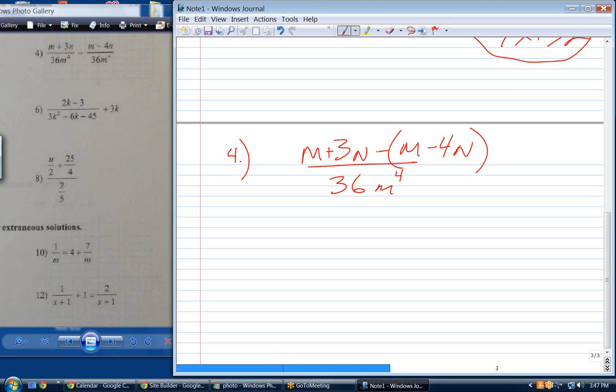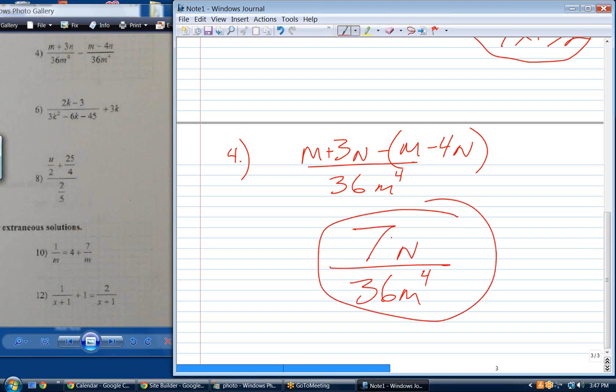So we have 7n in the top and 36m to the 4th in the bottom, and that's our final answer. This 3n minus the minus gives you plus 4n, or 7n. But notice the difference if I leave off those parentheses. Now it did become minus n instead of 7n.